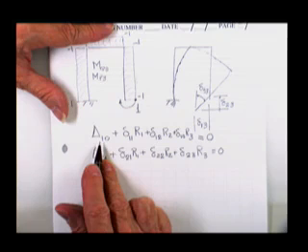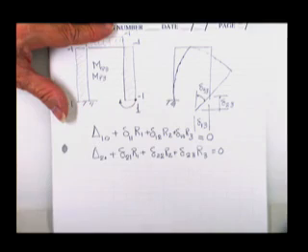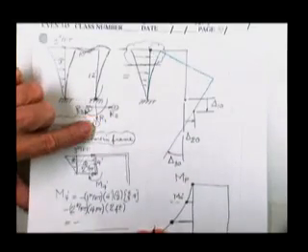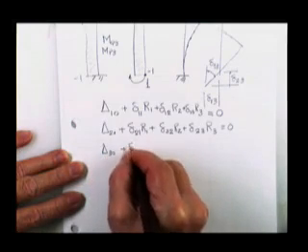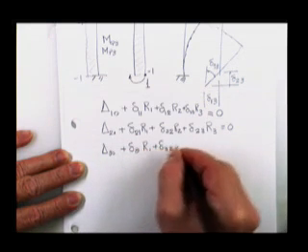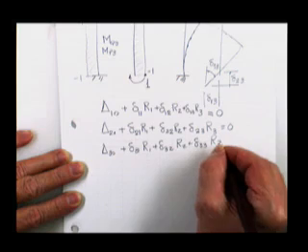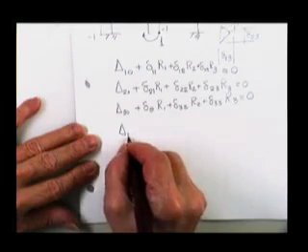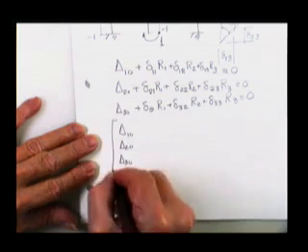This is no movement to the right and the left. No, I guess this is up and down. We chose number 1 is down. Yeah, we chose R1 is down. And finally, delta 3,0 plus delta 3,1 R1 plus delta 3,2 R2 plus delta 3,3 R3 is equal to 0. That says delta 1,0, delta 2,0, delta 3,0.